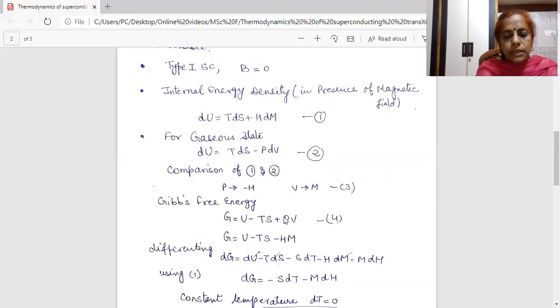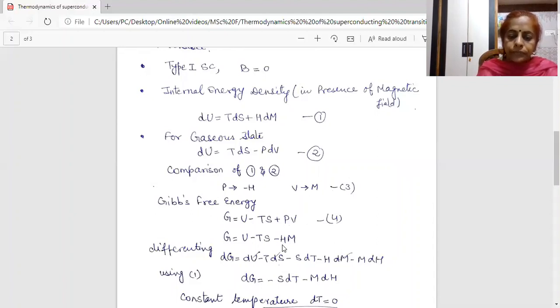So substituting minus H in place of P and M in place of V, I got the expression of Gibbs free energy as G equals U minus TS minus HM. This is the Gibbs free energy in the presence of magnetic field.